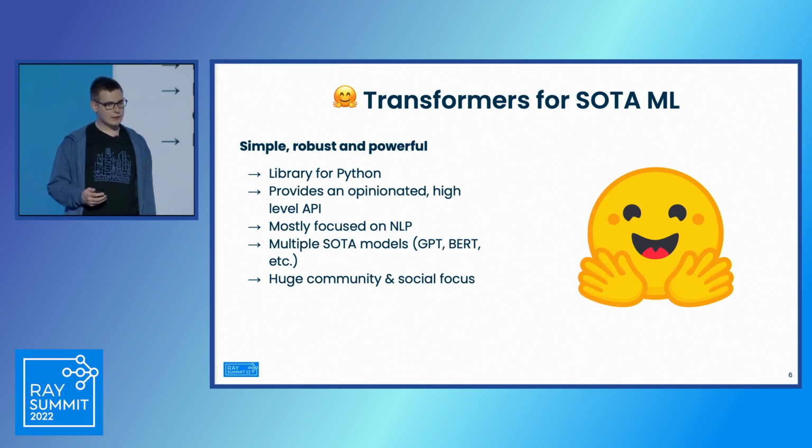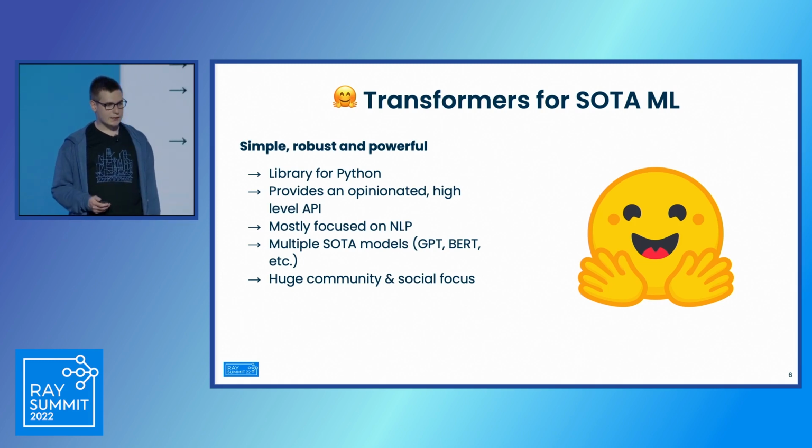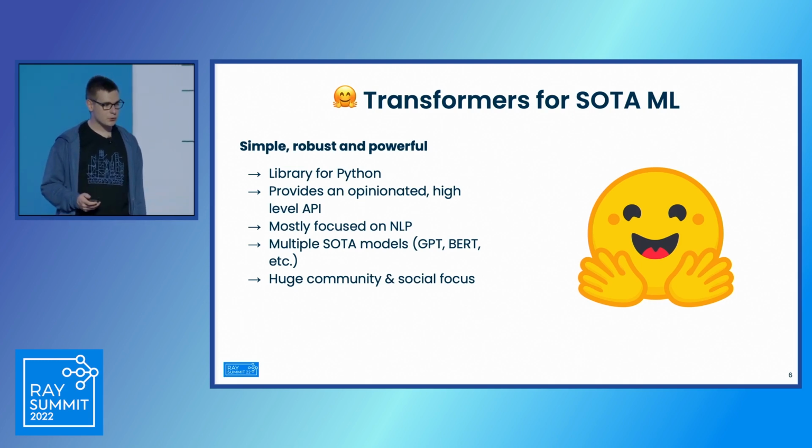And one main selling point, in my opinion, is that it provides access to multiple state-of-the-art pre-trained models. You can very easily obtain, for example, GPT, BERT, and multiple other models, and you can use them in whatever way you want. And it has a huge community and a huge social focus. The Hugging Face Hub, which is a service Hugging Face provides, allows access to multiple models and datasets, and you can easily download and upload your own.